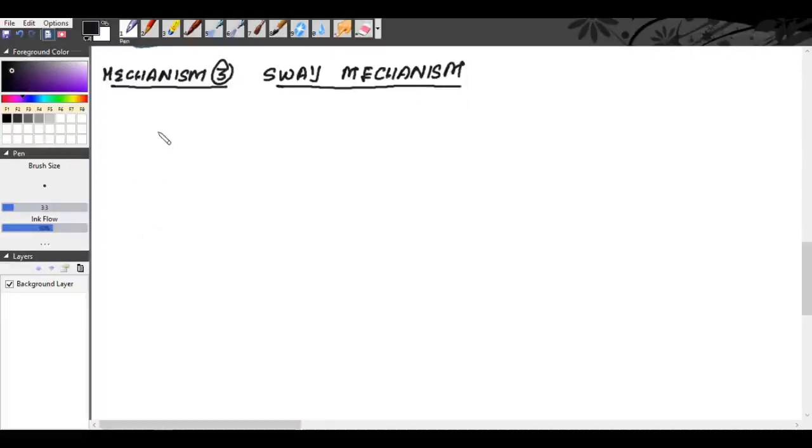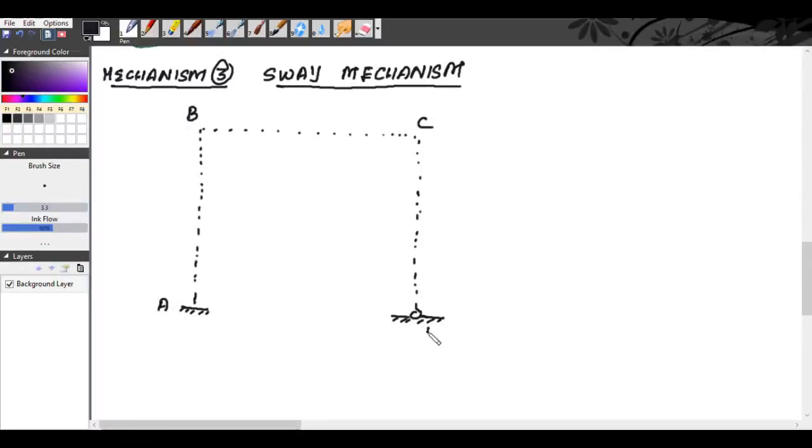So for the sway mechanism, first of all, our frame is like this. So we have A, B, C and D. There is a horizontal force acting towards the right. Because of that, our frame will be moving like this.